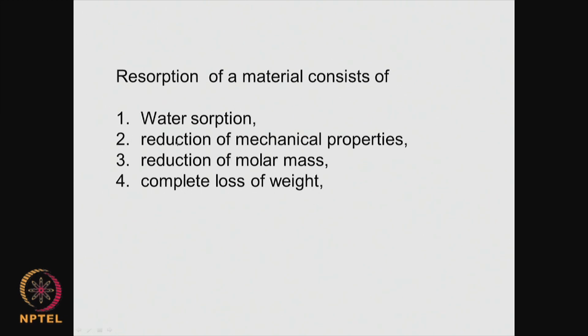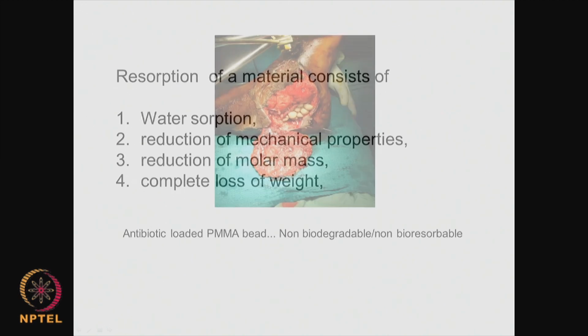After it starts getting slowly degraded, there could be reduction in mechanical properties, that means the tensile strength may change, modulus may change, reduction of molecular mass, that means complete loss of weight. The material could be losing its weight, becoming smaller and smaller and then finally disappearing. So, that is what resorption means.